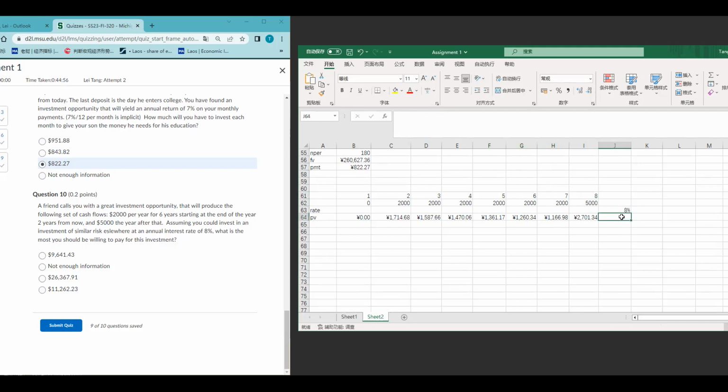Then we use the sum function to calculate the total money. So here is the present value of the total money for this investment.